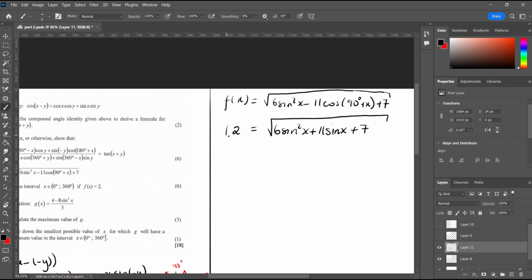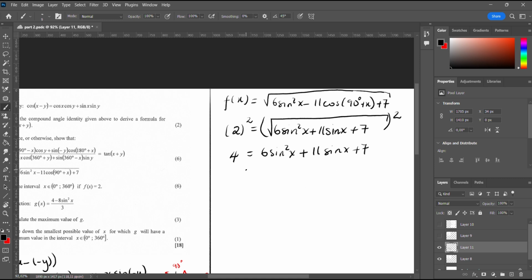So if we square both sides, we're going to have 4 equals 6 sine squared x plus 11 sine x plus 7.